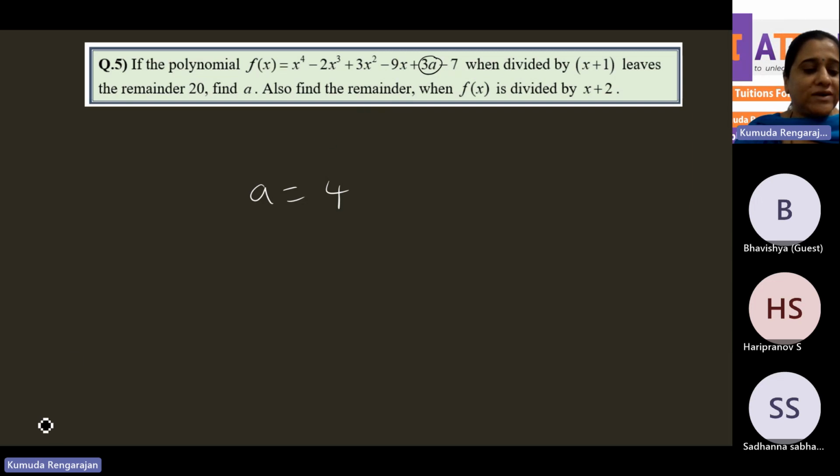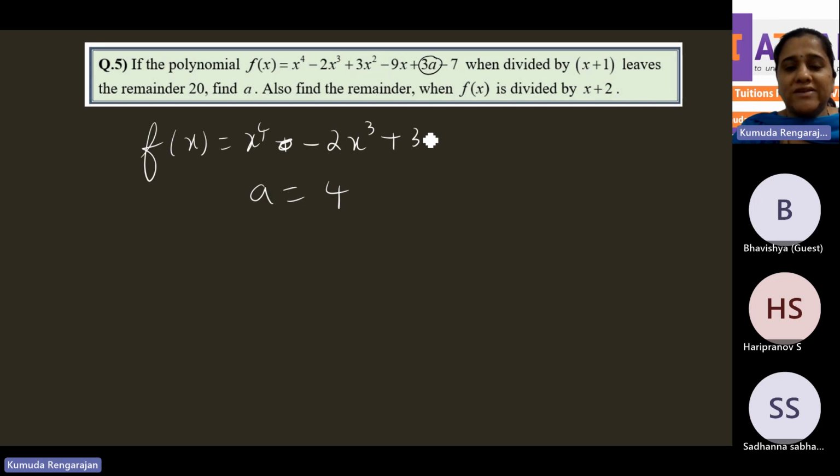So actually, f of x is x to the power 4 minus 2x cubed plus 3x square minus 9x plus 5. This is the polynomial. This is only f of x. Use the value of a.